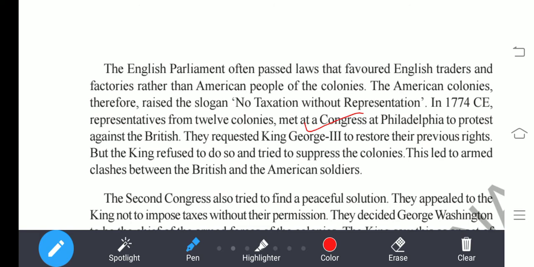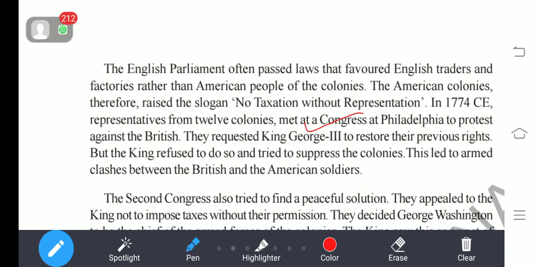But the king refused the request of the 13 colonies, and tried to suppress these 13 colonies leaders.